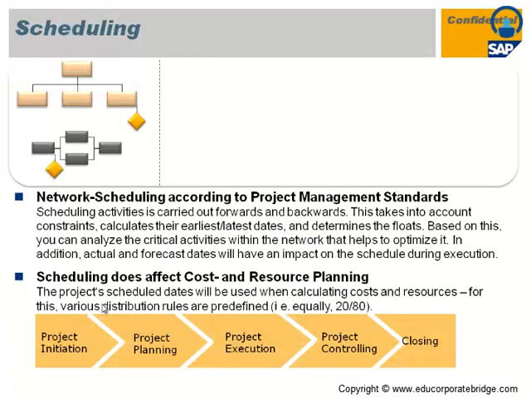Then scheduling, where you can capture the dates either across the particular network or on the WBS. There are different methods provided by standard SAP, that is backward scheduling, forward scheduling, or free scheduling, where you can maintain the dates on the particular WBS or network activity.